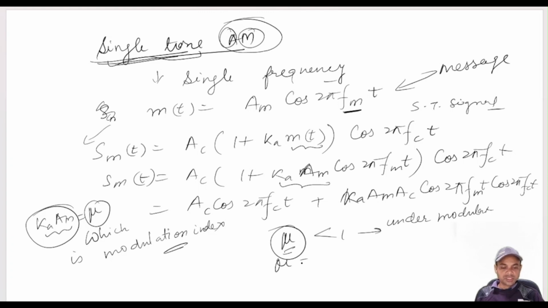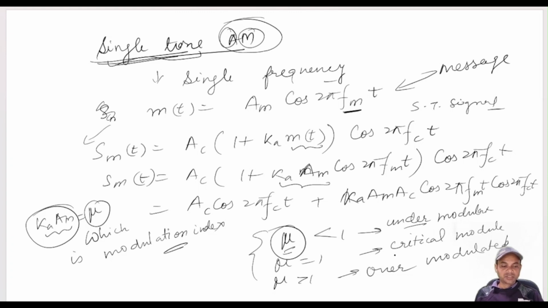If mu is equal to 1, then it is called critical modulated, and if mu is greater than 1, then it is called over modulated. Okay, what does this mean? It is very easy to understand these three terms.